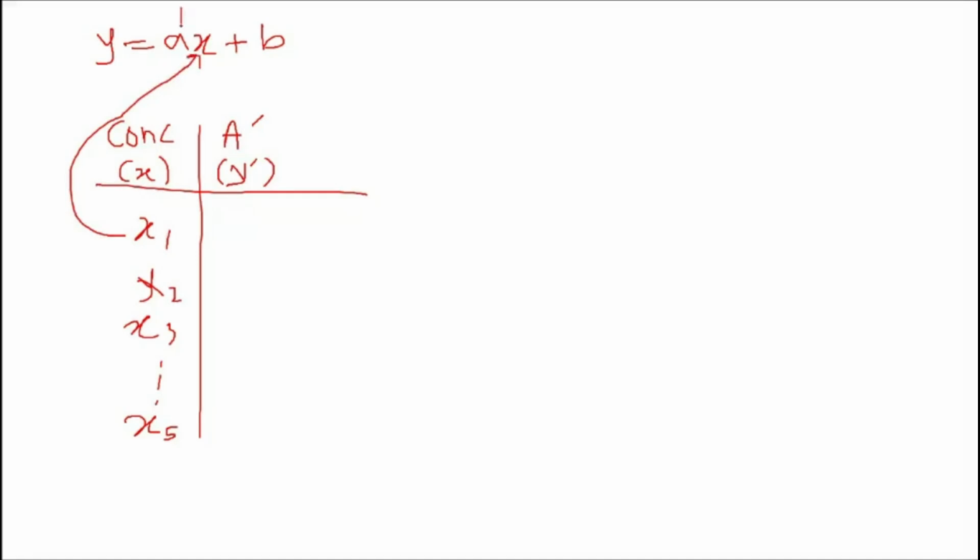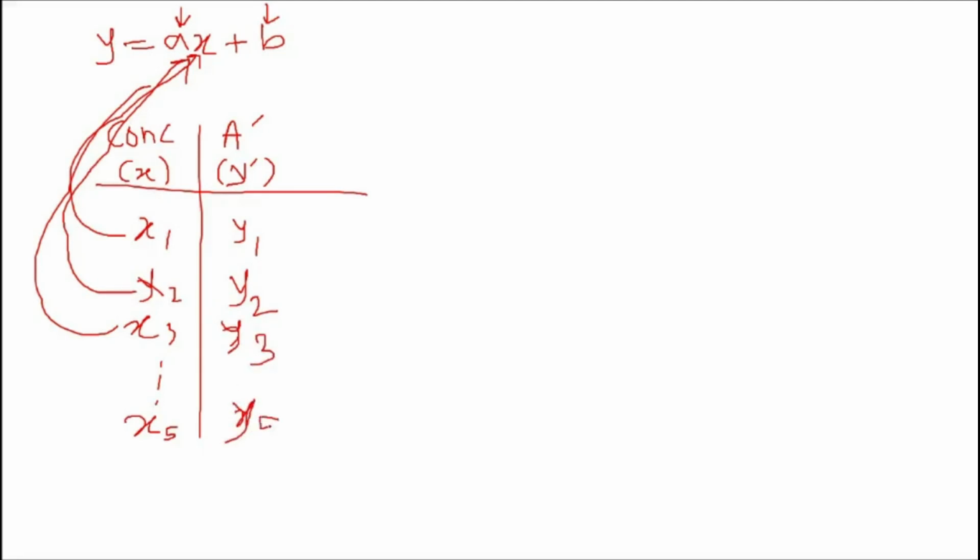You know what A is. You have calculated what B is. So you will get the value of y1. Similarly, substitute x2 in the equation to get y2. And y5. So you now have 5 values for the x coordinate, 5 values for the y coordinate.